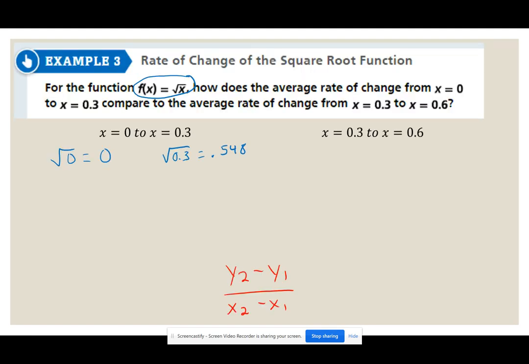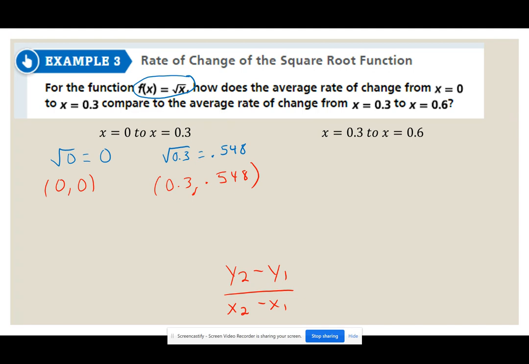Okay, so our x value was 0, and our y value, our answer, came out to be 0. So that's our first ordered pair. And the second one, our x value that we put in was 3/10, and the y value that we got out was 0.548.